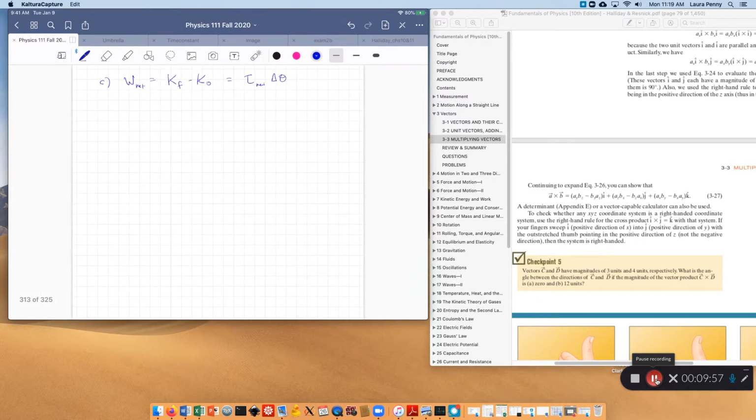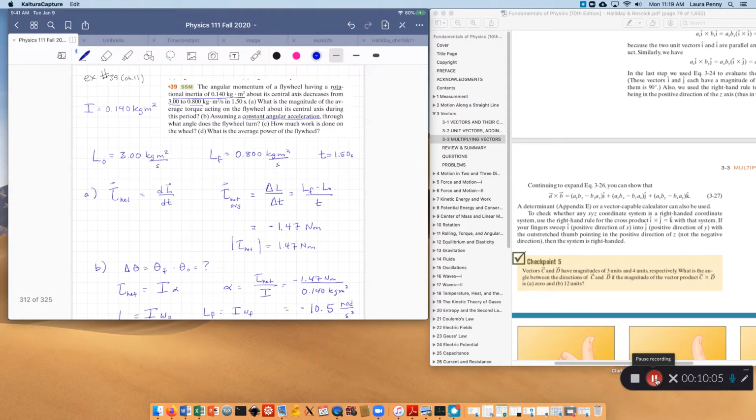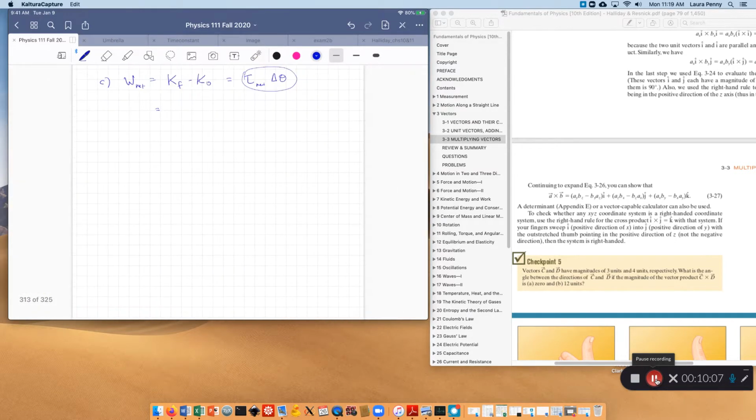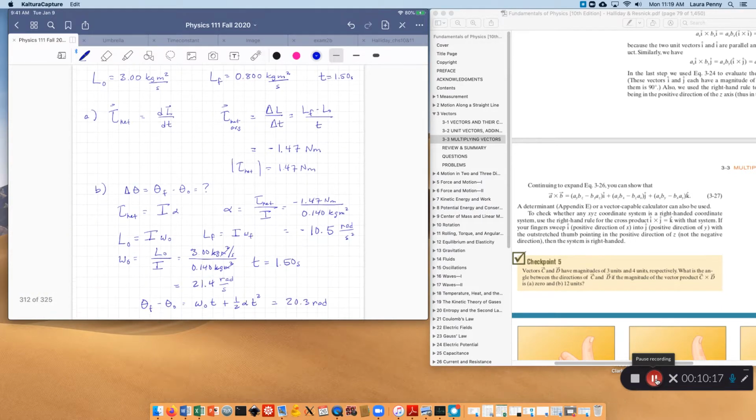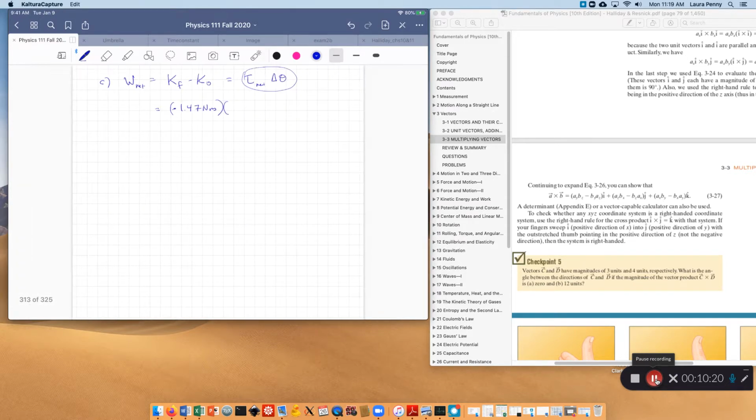I'm going to probably do this one because I know the net torque and I know delta theta. So my net torque was negative 1.47 Newton meters. And the delta theta, which we just did, was a positive 20.3 radians.